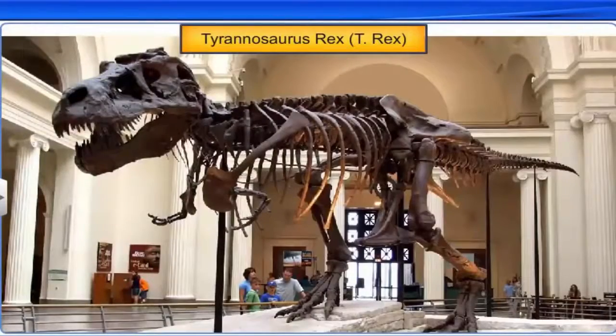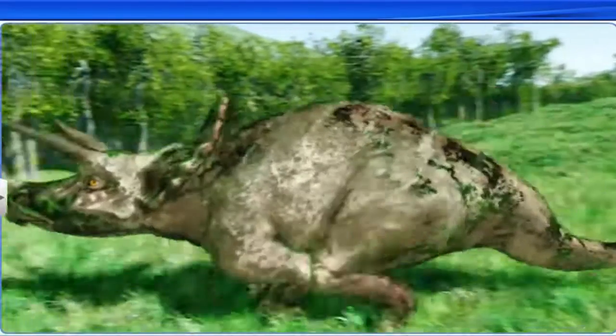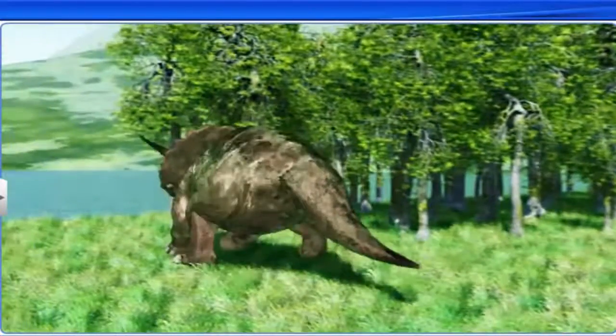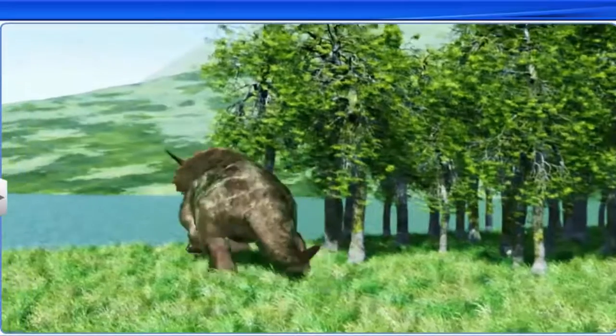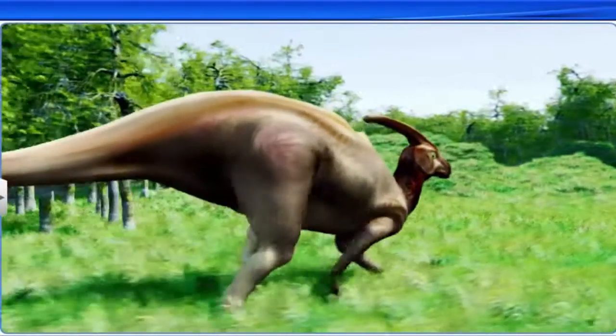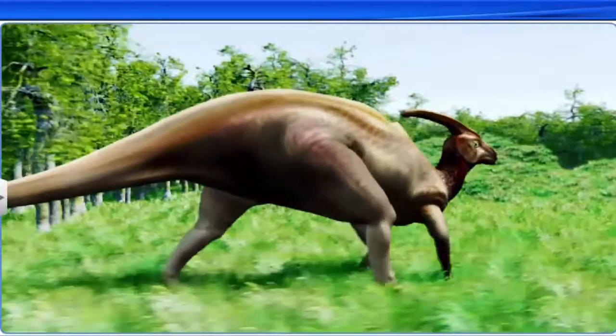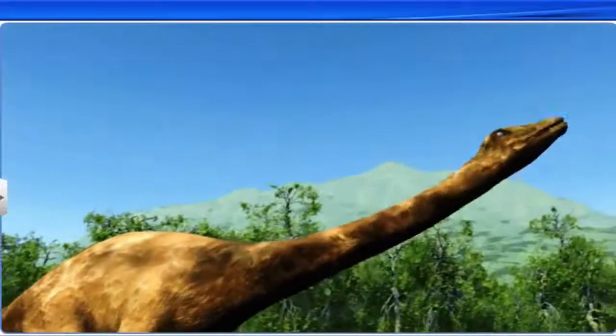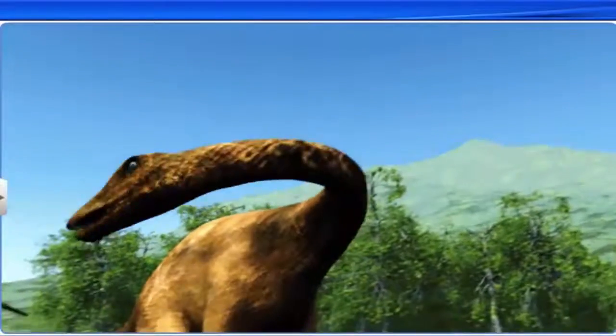Fossils of T-Rex are found in a variety of rock formations. Dinosaurs suddenly disappeared 65 million years ago. They probably became extinct because they failed to cope with climatic changes, or they may have evolved into birds. However, the precise reason for their extinction still remains unknown.